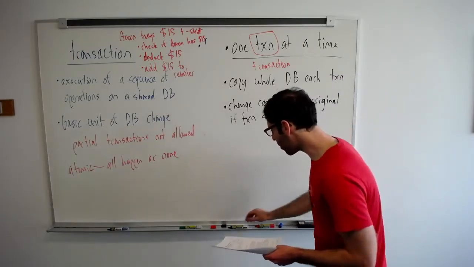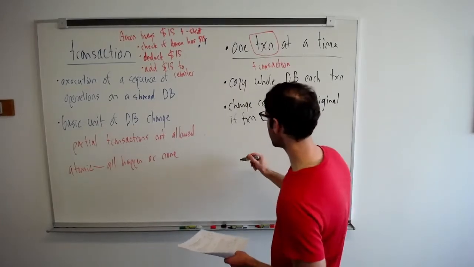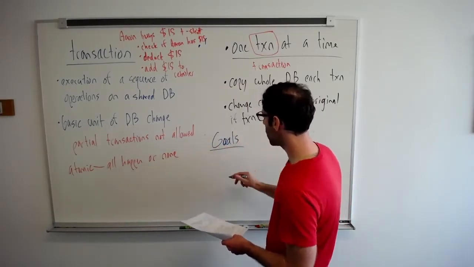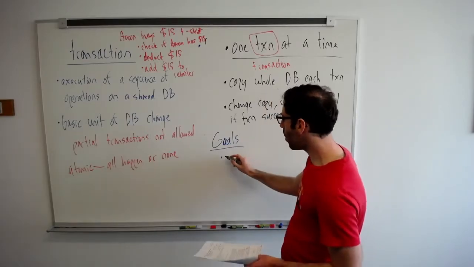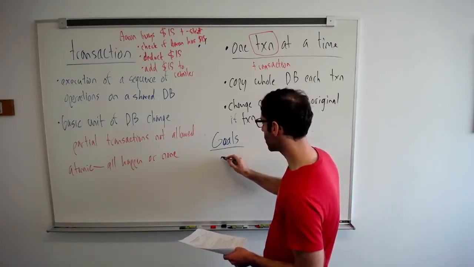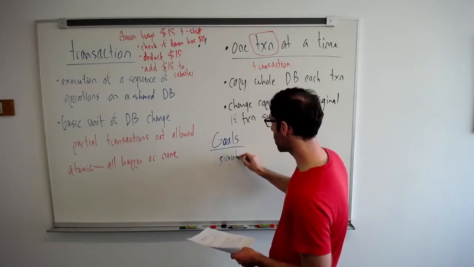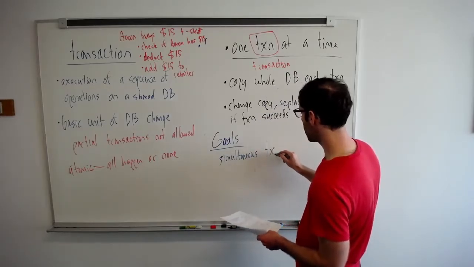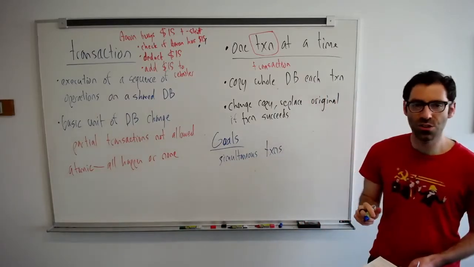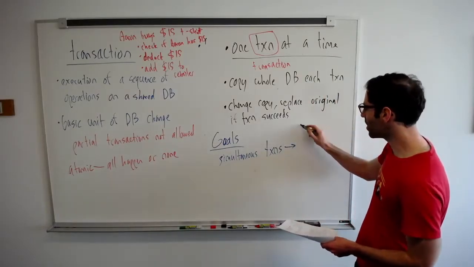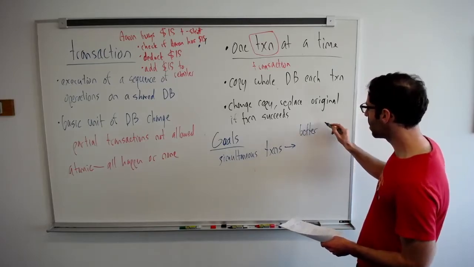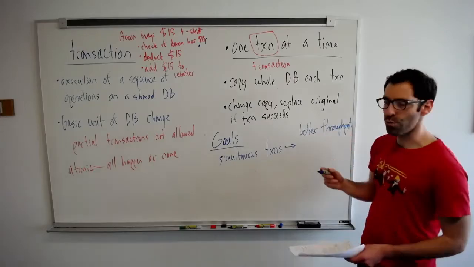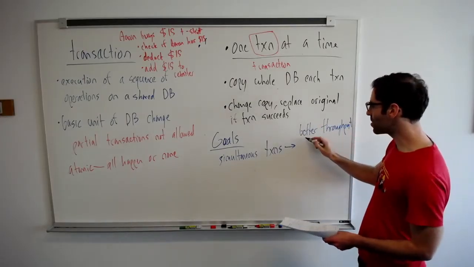And so what our goals are here, we want simultaneous transactions because this is going to give us better throughput, more transactions per second.